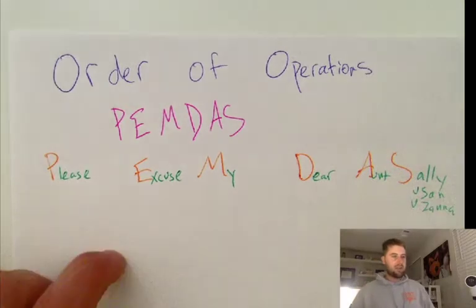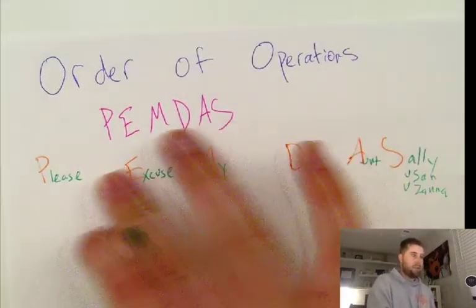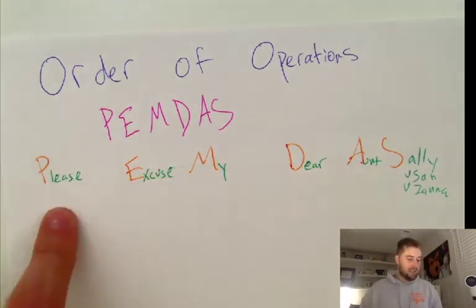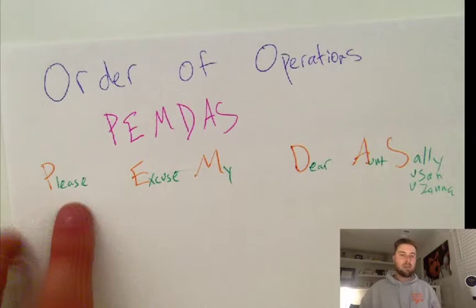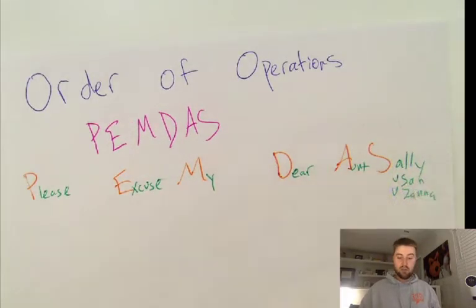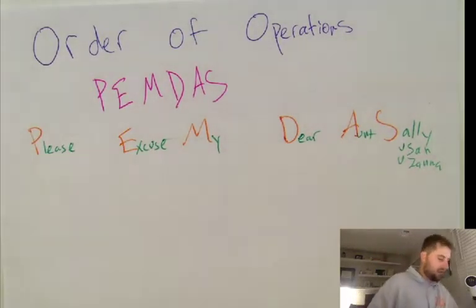So please excuse my dear Aunt Sally. And that's to help us remember the order that these letters come in. If you just want to remember PEMDAS, that's cool. If you want to say, please excuse my dear Aunt Sally, to help you remember P-E-M-D-A-S, that's cool too.